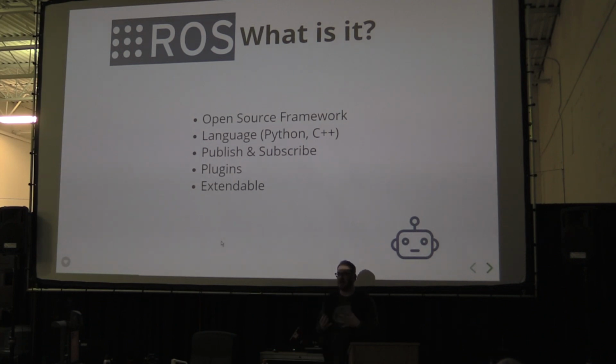It allows you to not have to reinvent the wheel. Right? So you don't have to build a custom API to interface with your robot or define a specific MQTT topic. All of that is configured inside of ROS. The languages that you can use are C++ and Python.